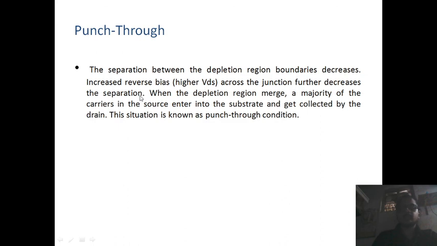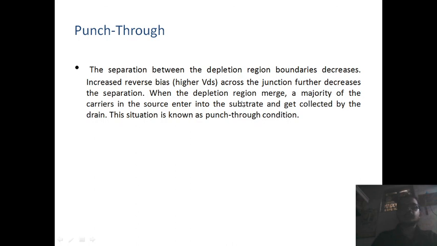At that time the source depletion and drain depletion merge. Due to this merging, the majority carriers in the source enter the substrate and are then collected by the drain. There is a path between source and drain, and the device is in conduction.